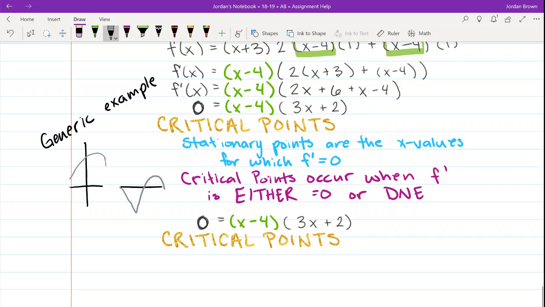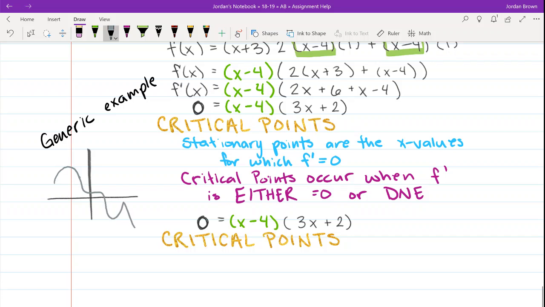Let's just start over. Okay, I want an up, a vertical tangent, a down, and a corner.